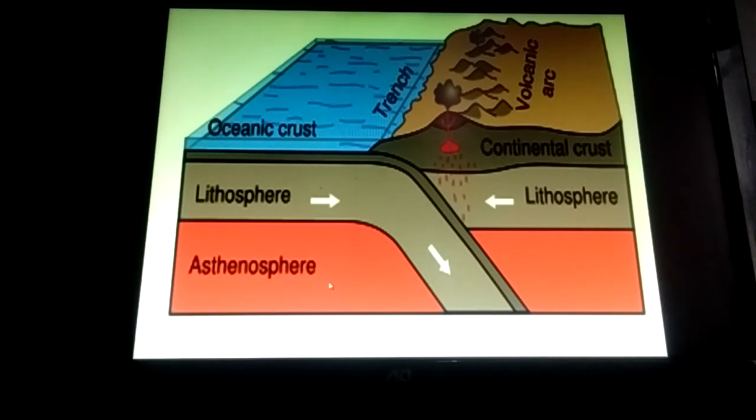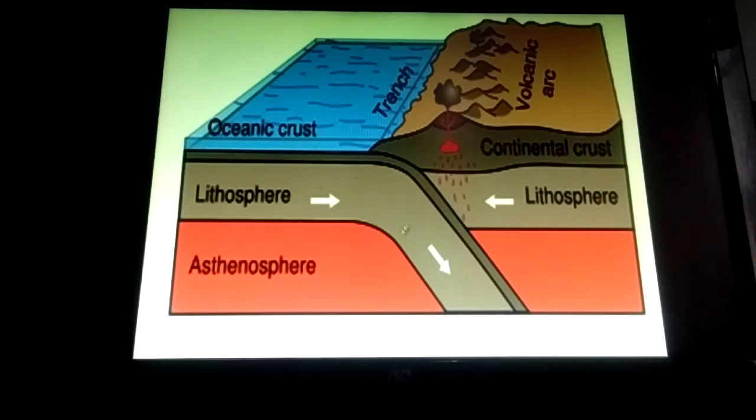The movement of the earth's lithospheric plates is termed tectonic movement. The energy required to move these plates is produced by the internal heat of the earth.